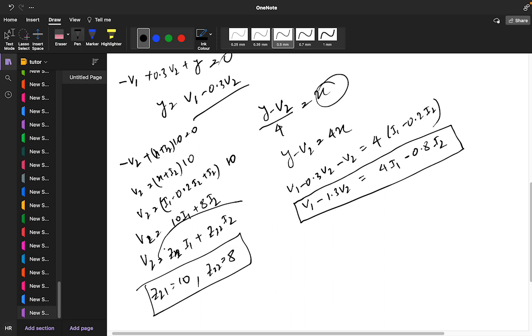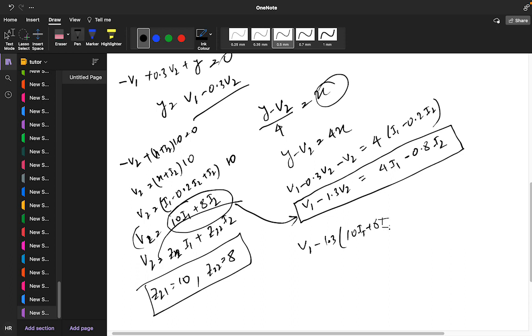Substitute this v2 value in this equation. Substituting this value, v1 minus 1.3 times v2, where v2 is 10 I1 plus 8 I2, equals 4 I1 minus 0.8 I2. Solve it and just tell me the result.